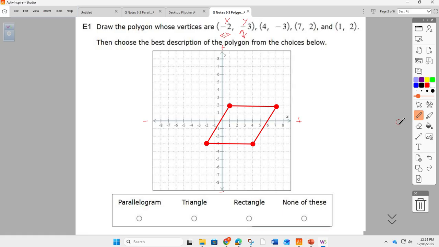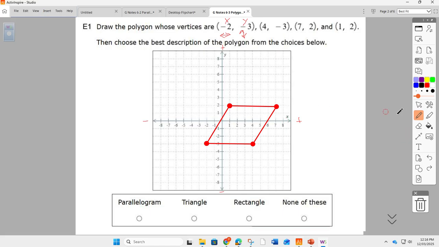The easiest one in this situation to do, we have a pair of sides that we can count easily. If it's horizontal or vertical, remember up and down, undefined slope, those are easy. We can count for the horizontal, we count for the length, and then it's easy to find the slope as well.